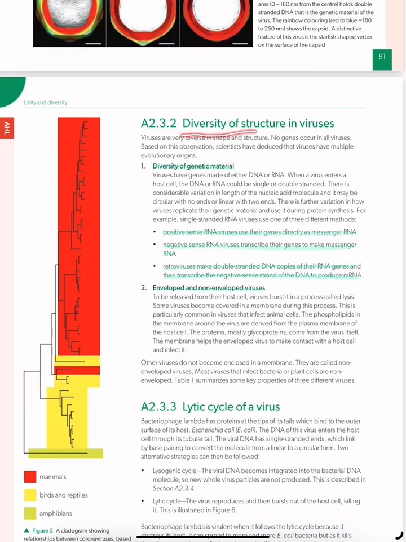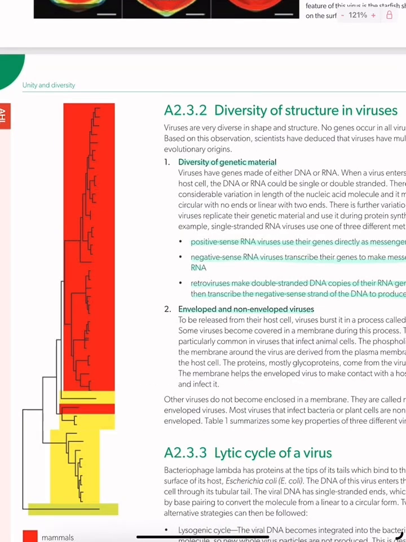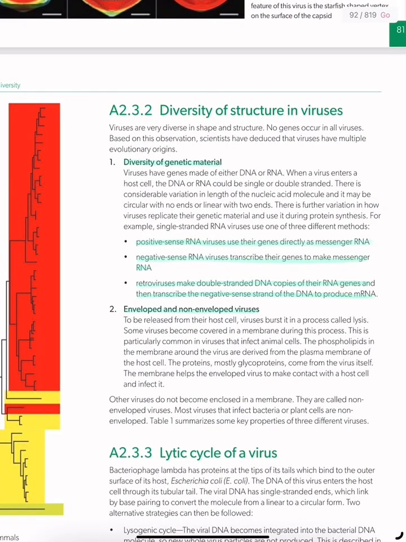The diversity of structure in viruses. So they're very diverse in shape and structure. We can first mention the diversity of genetic material. Positive sense RNA viruses use their genes directly as messenger RNA. Negative sense RNA viruses transcribe their genes to make messenger RNA.